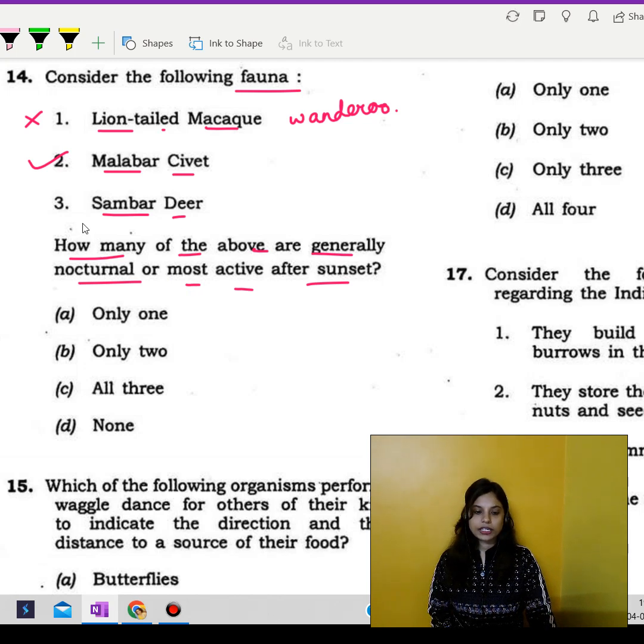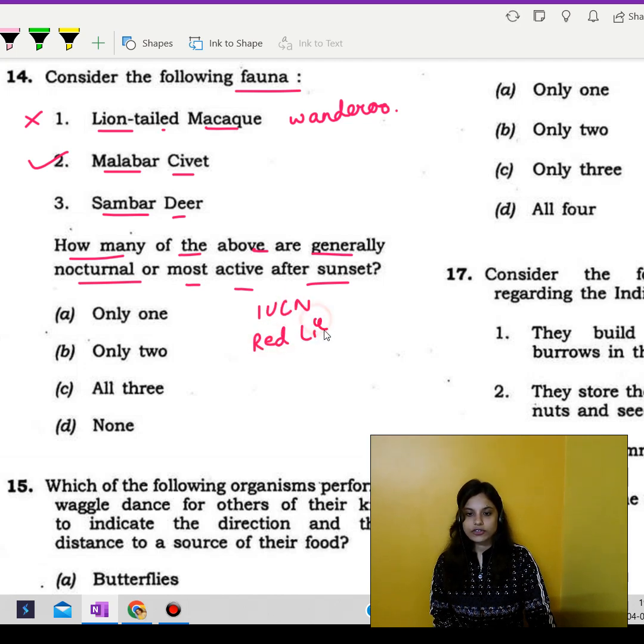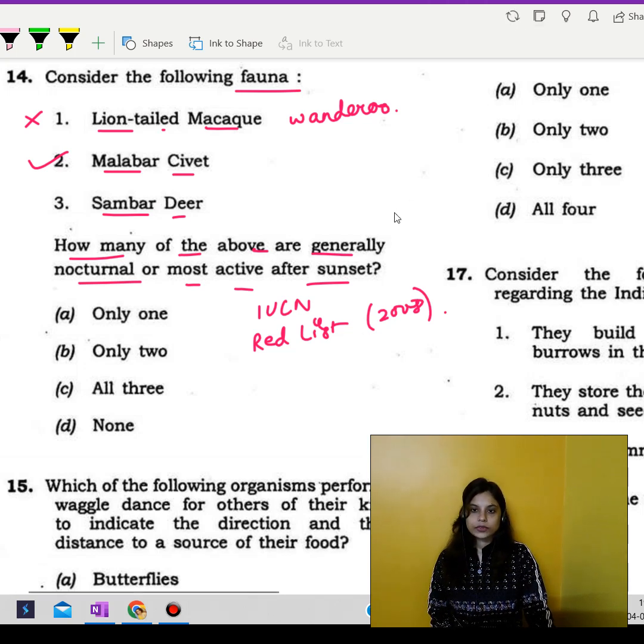Moving over to sambar deer. Sambar deer is native to the Indian subcontinent and Southeast Asia, and is listed as a vulnerable species on the IUCN Red List. It is mentioned since the year 2008. So sambar are nocturnal, or we can also consider them as crepuscular animals, and they rest during the day under the cover of the heavy forest.